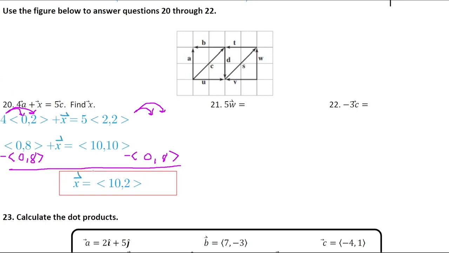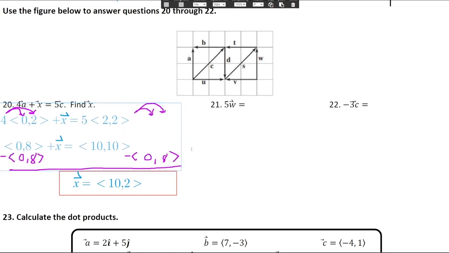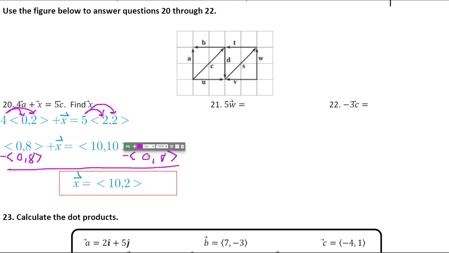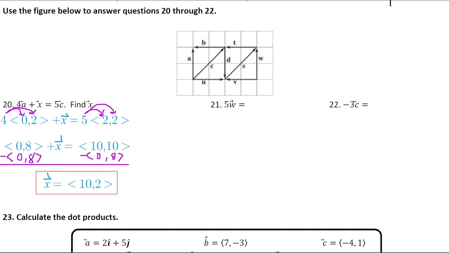There we go. All right, well, I can't seem to just grab this one piece over here. All right, there we go. Cleaned it up a little bit.